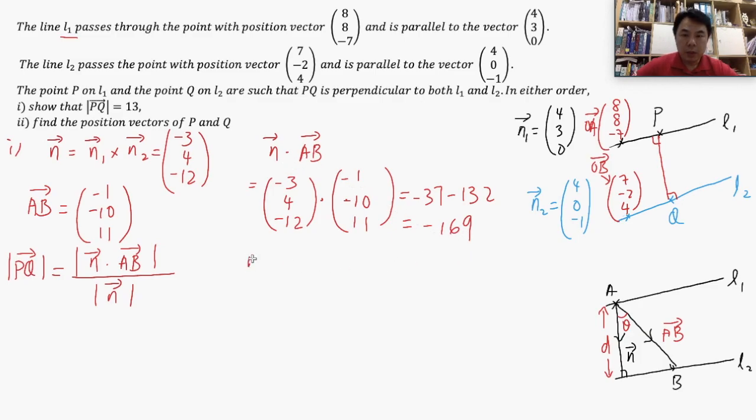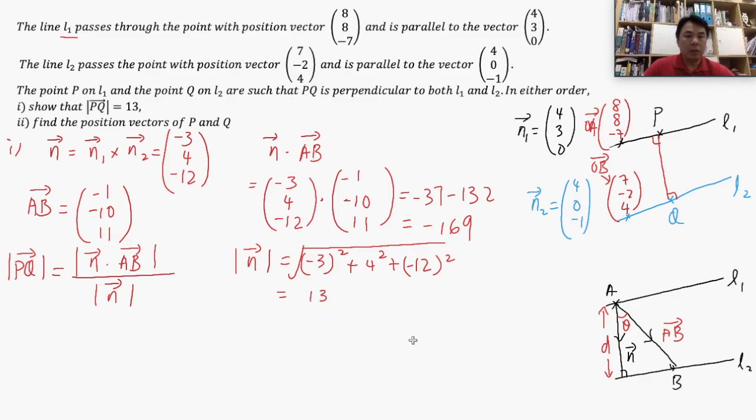And then the magnitude of this directional vector. Let me see, 16, 9, 25, 25, 144, 25, 169.